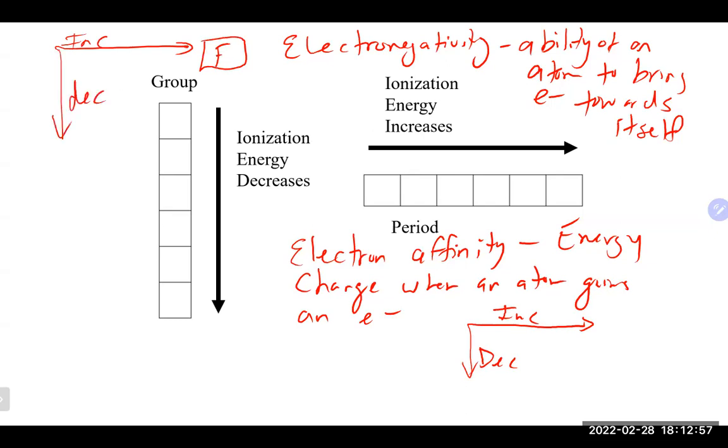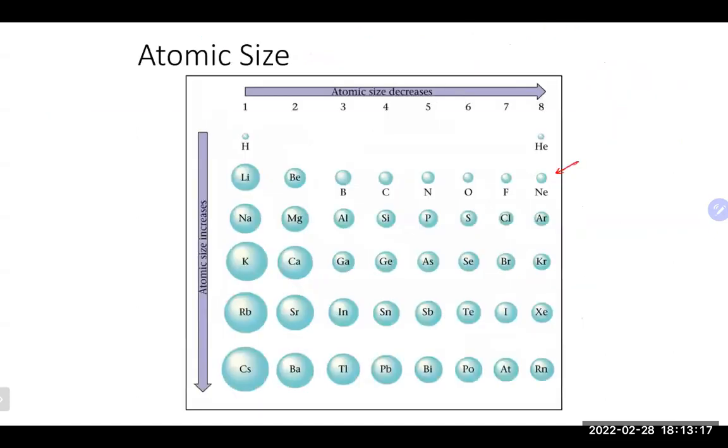So if we put together all of our trends, it really helps us understand what happens with nonmetals versus metals. When we look at the periodic table and we go up and to the right, we'll just write in here, the atomic size gets smaller.